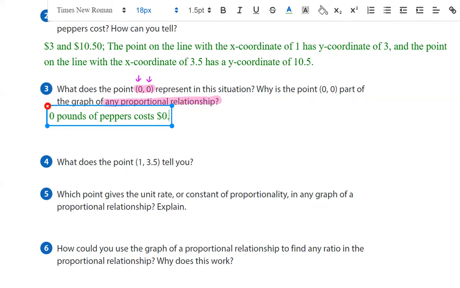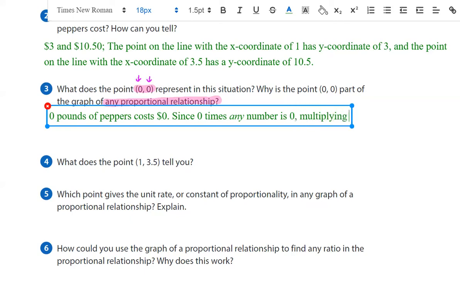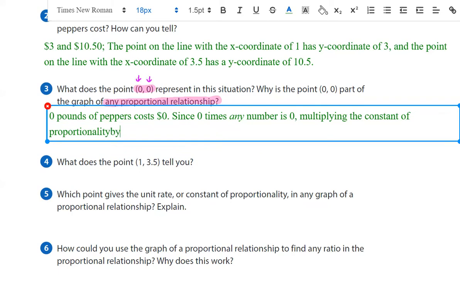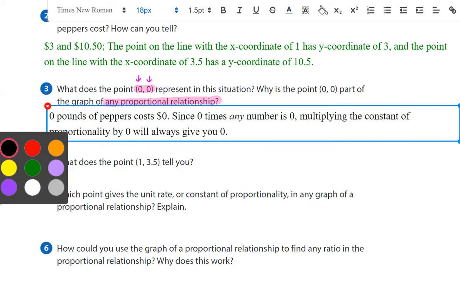So why is it part of any proportional relationship? How do we word that? Let's see. Since 0 times any, we'll put that in italics, any number is 0, multiplying the constant of proportionality by 0 will always give you 0. So I'll write that example here with our example equation that we had used.